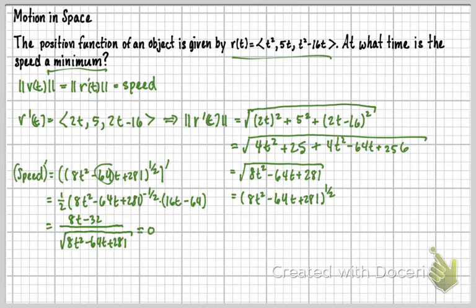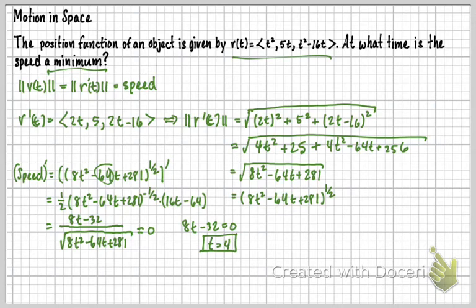So we're good with that. So now we're just going to say 8t minus 32 equals 0. And we move over the 32, divide by 8, so t equals 4. So there's our answer. Now we don't know if it's a minimum or maximum. We just know that's the optimal t value, whatever that means.